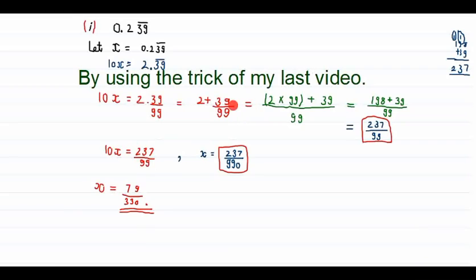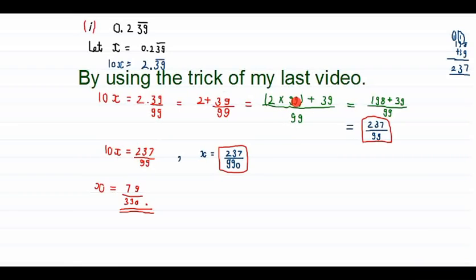The LCM of both of these numbers is 99, as here 1 is there and 99. So 99 into 1 is 99. To convert the denominator of 2 to 99, I am multiplying 2 with 99, and 1 into 99 is 99, so there is no need for multiplying the denominator here.